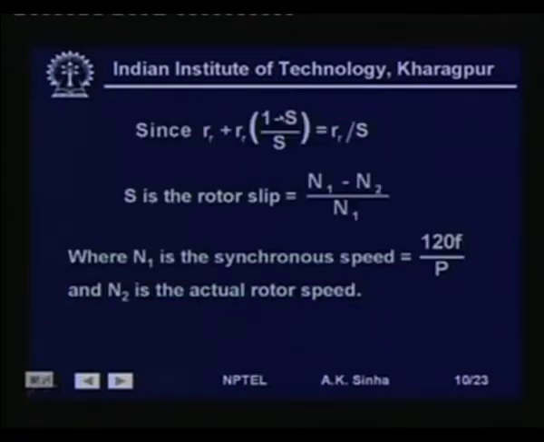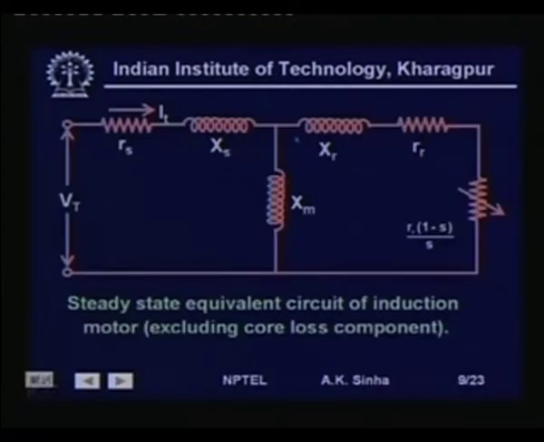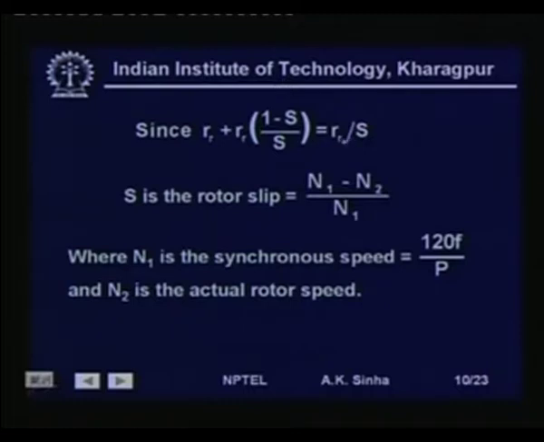Now, we know that if we add these two resistances, R r and R r into (1 minus S) by S, then we have R r by S, where S is the rotor slip.